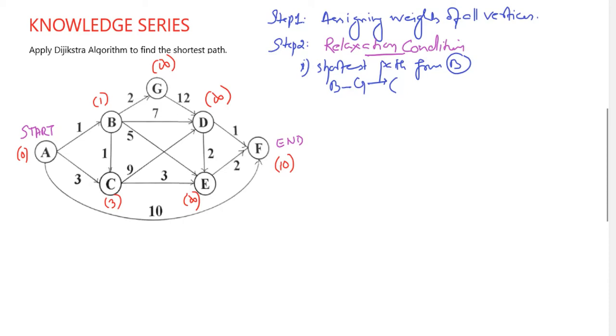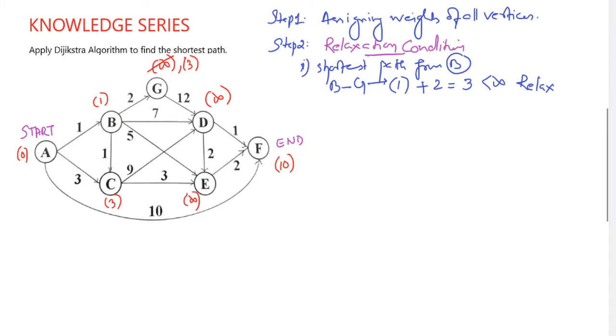New weight at G: we take the weight at B plus the link cost between B and G, that is 2, which is equal to 3. 3 is less than infinity. So this is a relaxed condition. Relaxed condition means you are looking for a change. If a change is there, we modify this one. So we modified this one to 3.